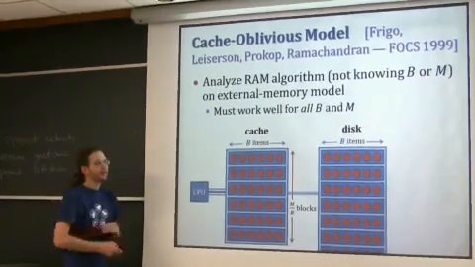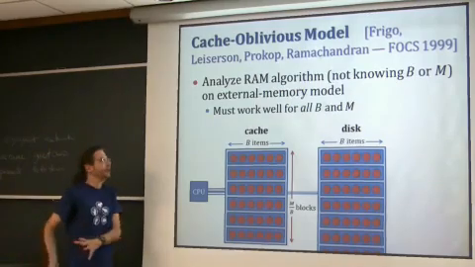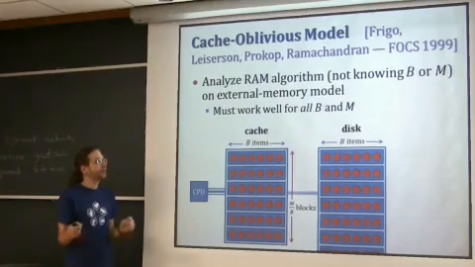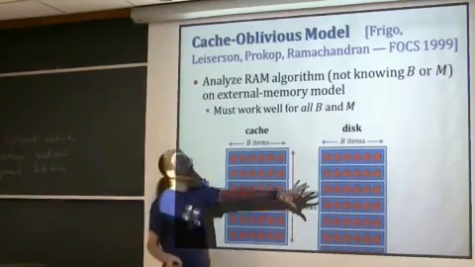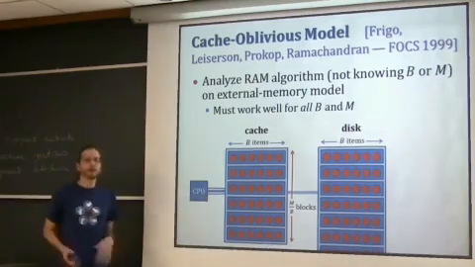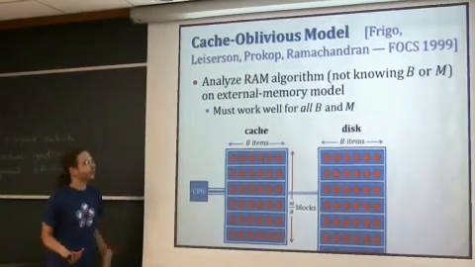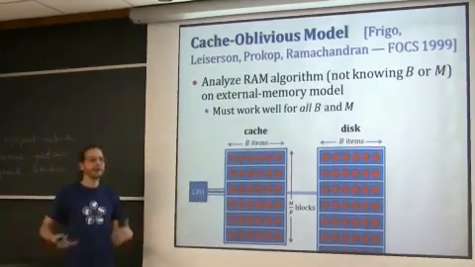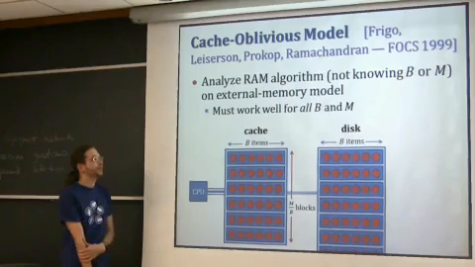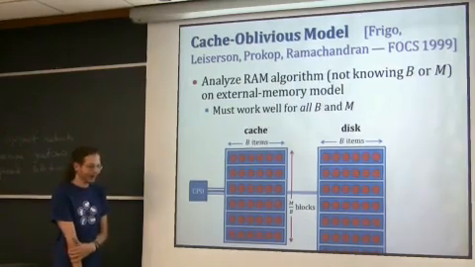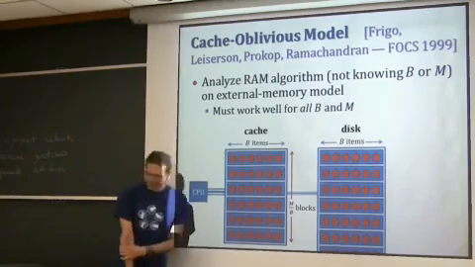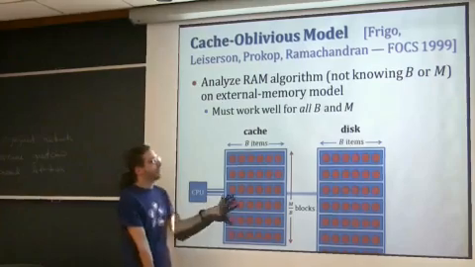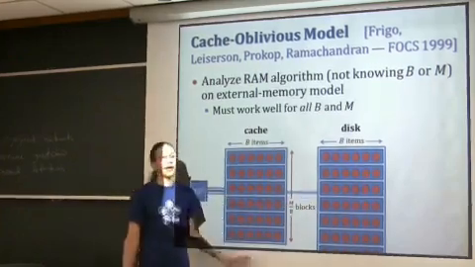It's motivated by all of the models you've just seen, and in particular, it picks up on the other successful model, the external memory model, and says, okay, let's take the external memory model, exactly the same cost model, but suppose your algorithm doesn't know B or M, and we're going to analyze it in this model knowing what B and M are, but really one algorithm has to work for all B and M. This is uniformity from the HMM model. So it's taking that idea, but applying it to a model that has blocking.